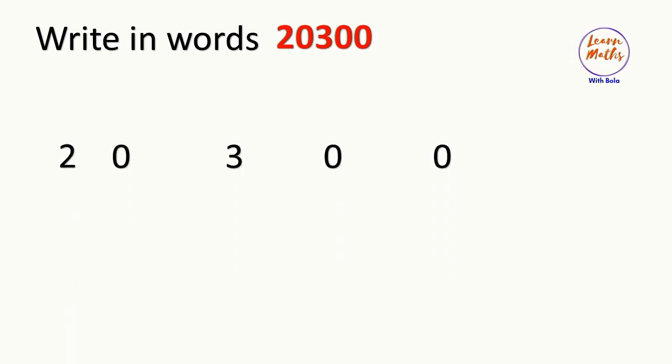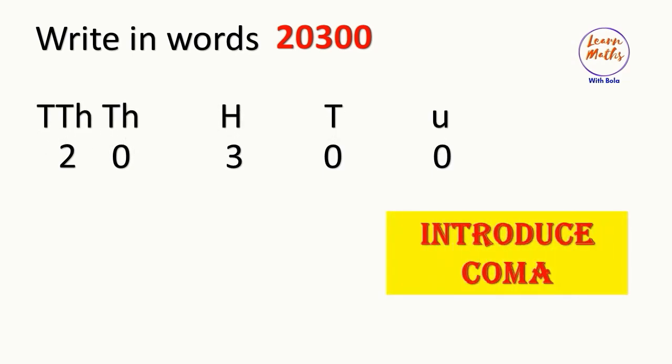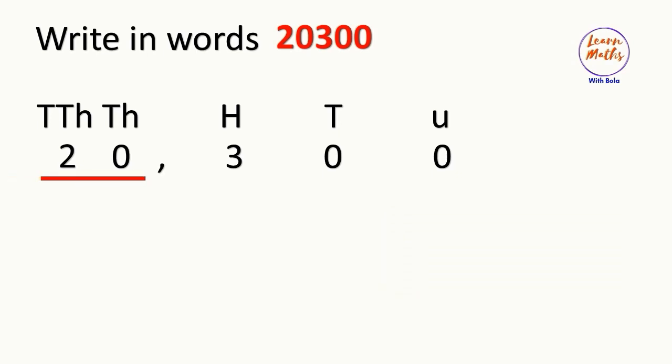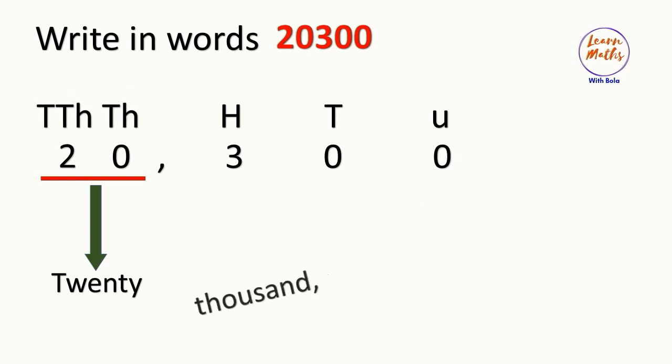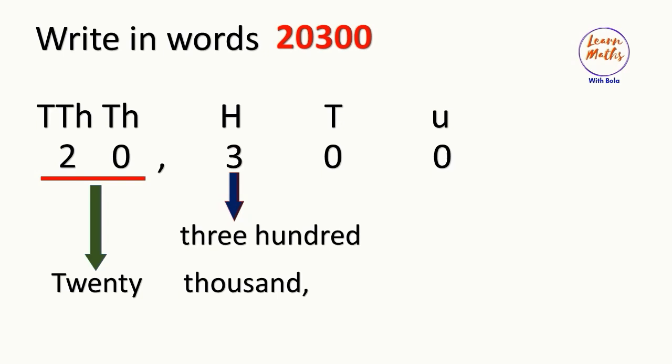So write in words 20300. Simple procedure, we're following the same steps. So we introduce the comma, and here you have the number 20. So what do we have? We have 20, then the common position of the 2 and the 0, something common to them is 1,000. So we have 20,300. Now the 00 is going to be blank. It's going to be blank because there is no number there.